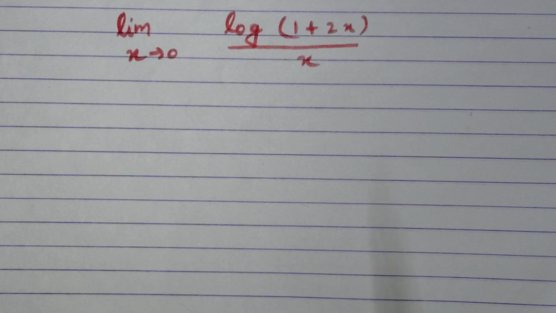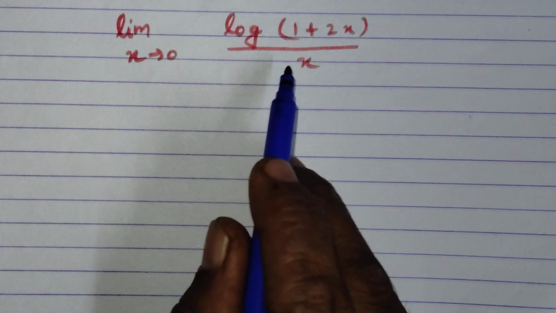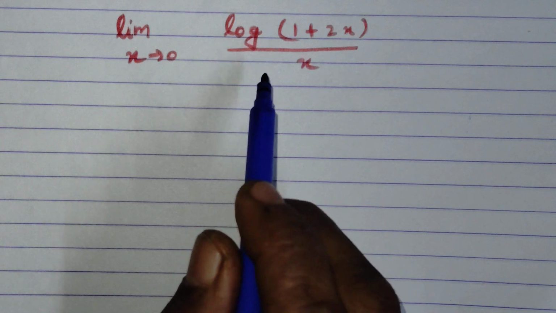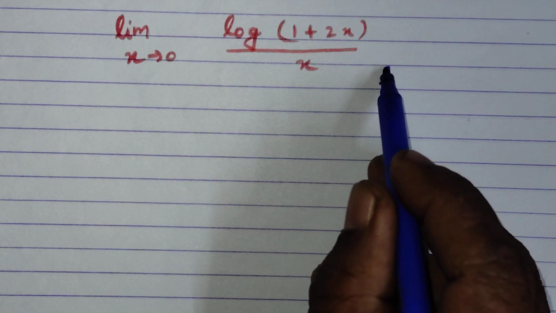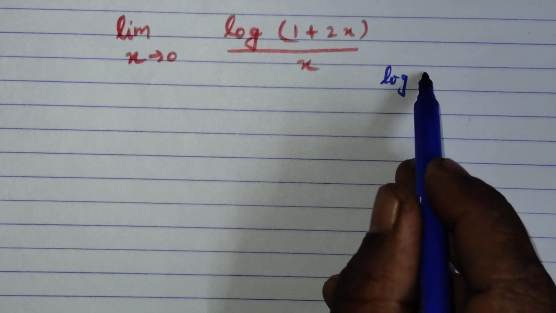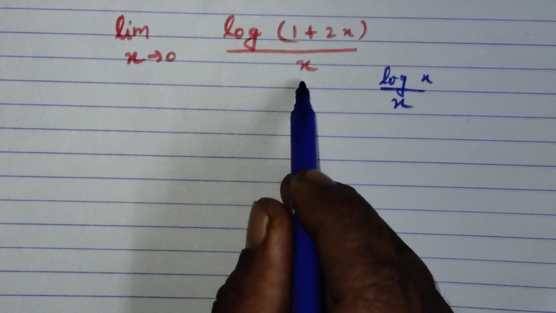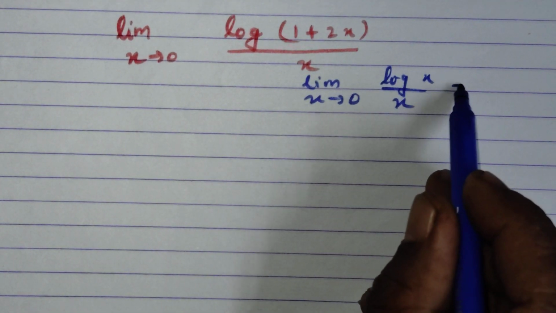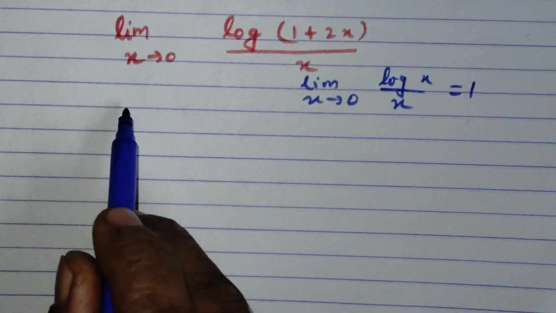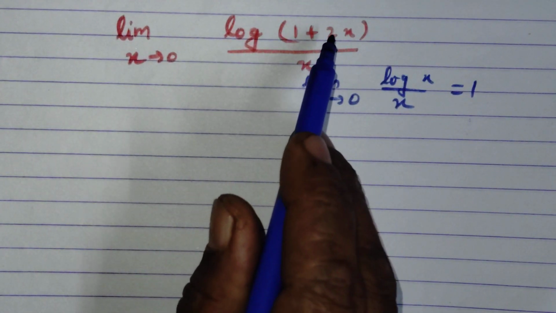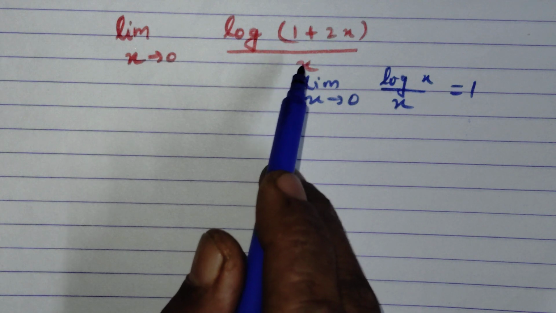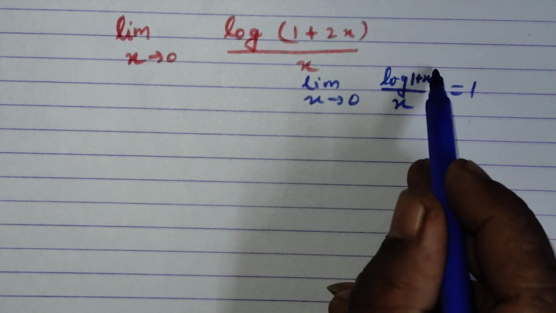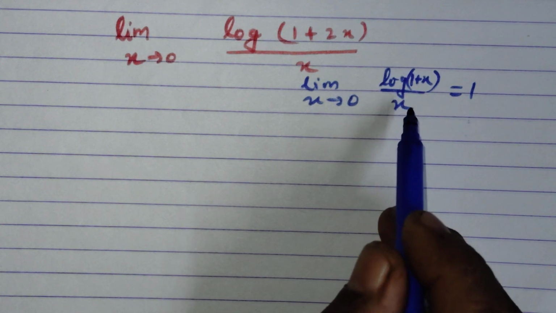Next problem is on log. So log(1 plus 2x) upon x when limit x tends to 0. So here we know the formula log(1 plus x) upon x when limit x tends to 0, its value is 1. So we know this, there is 2x, identity is like log(1 plus x), not log x.